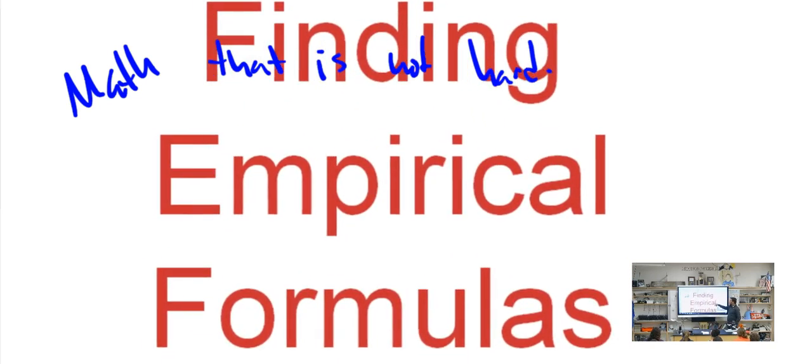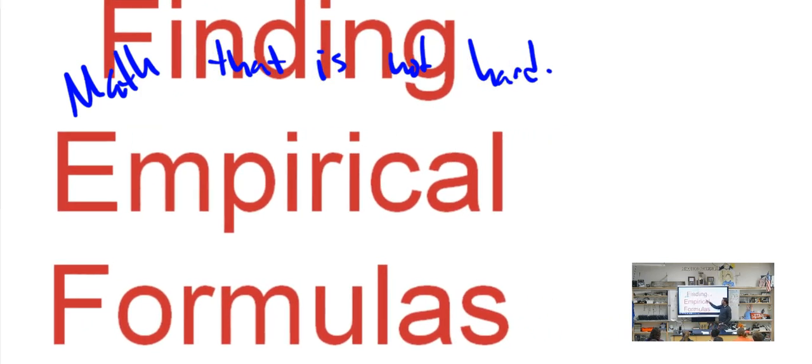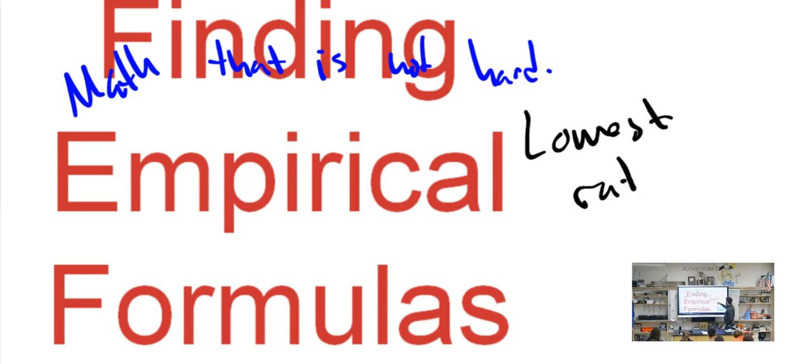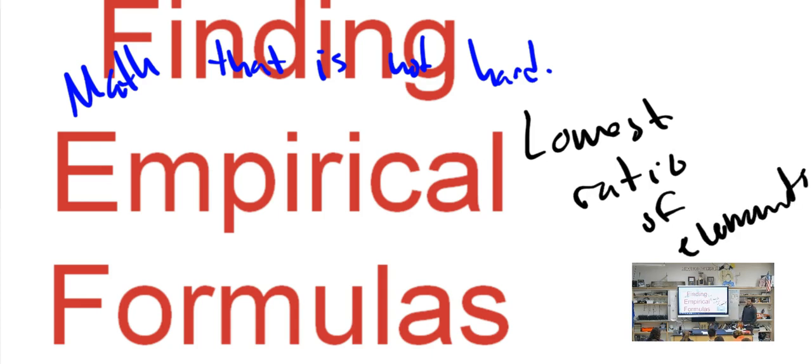So first off, an empirical formula, for your information, is the lowest ratio of elements. So like an empirical formula for water would be H2O because it's 2 to 1. I can't reduce those. Sugar, though, is C6H12O6, correct? That is not an empirical formula.